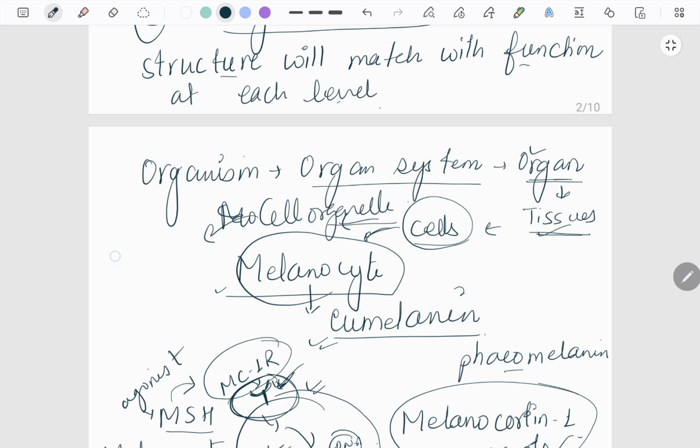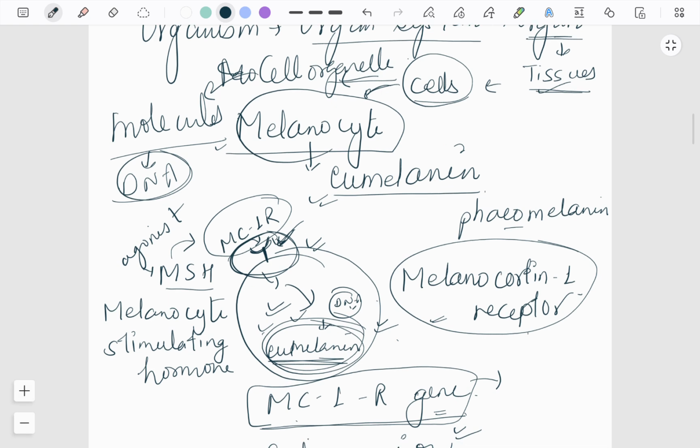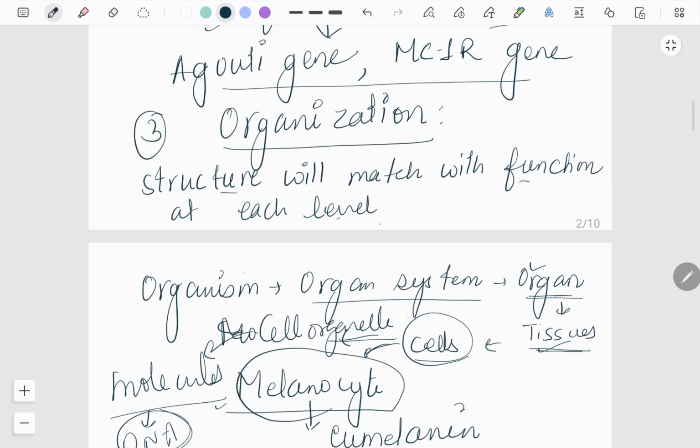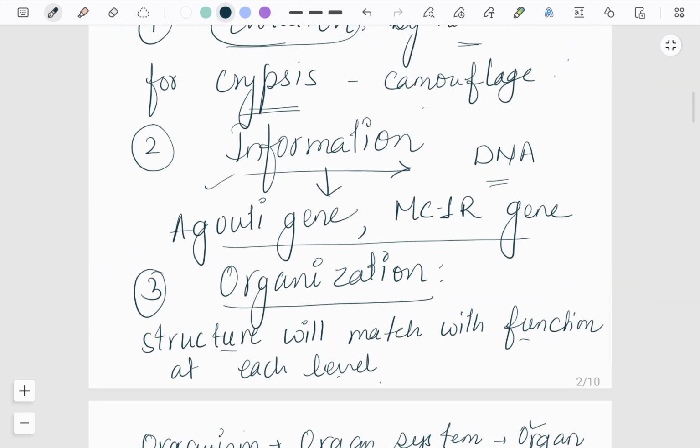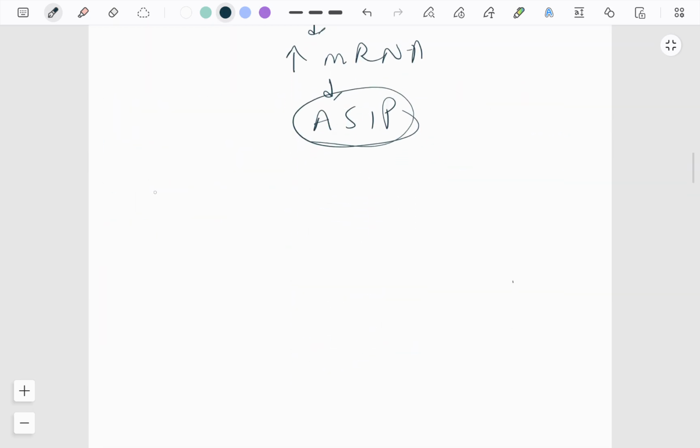Inside the nucleus there were molecules, and at the molecular level, if I say DNA level, there were changes, and that structure was meant to meet the function, and the function here was to decrease the production of eumelanin. Understood? So structure meets function at each and every level of biological organization. Then we can see the next example, that is, interactions.